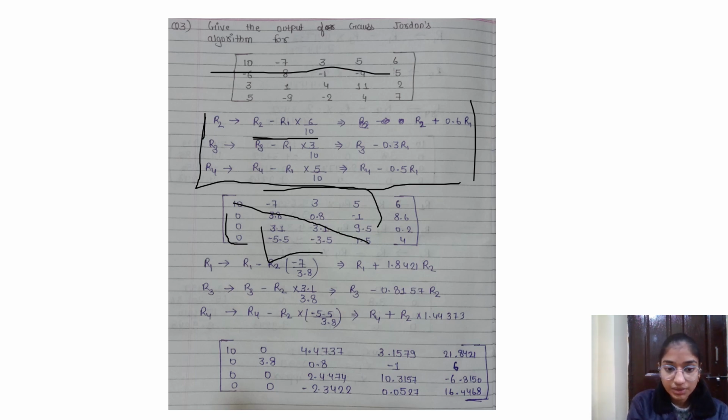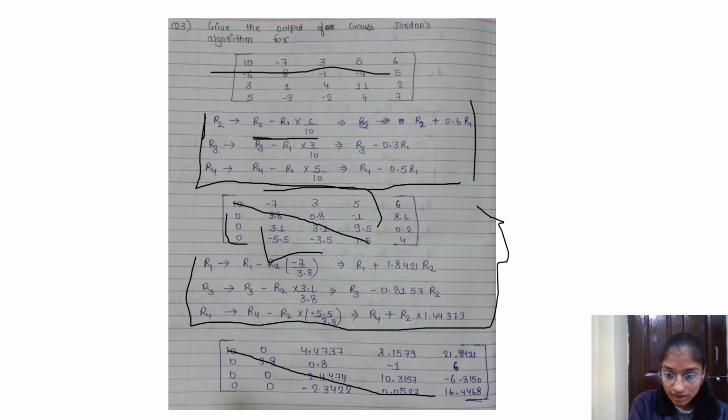Now again we apply the following operation, and then we get this matrix. We are going to apply this operation again and again until we get a matrix in which the elements below the diagonal are 0, and the elements above the diagonal are 0.